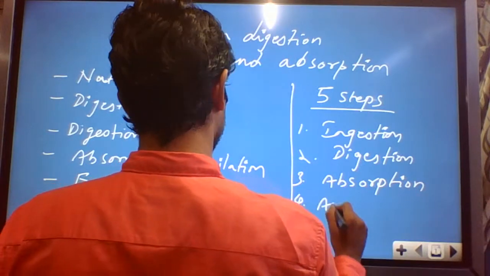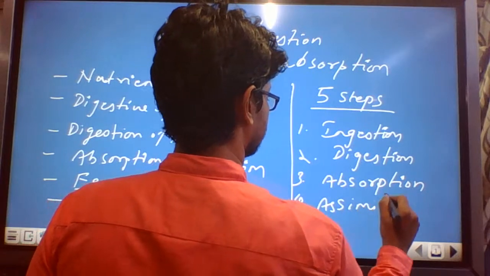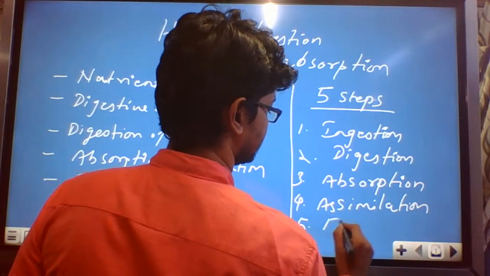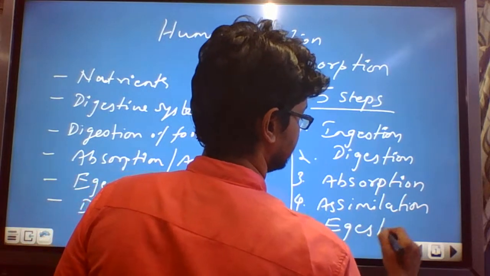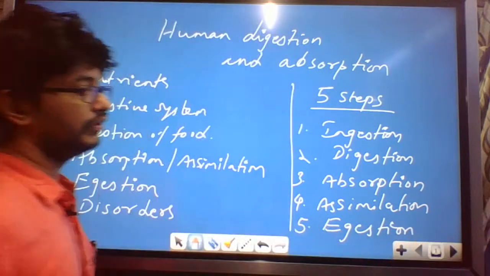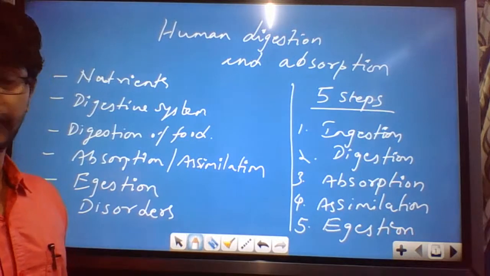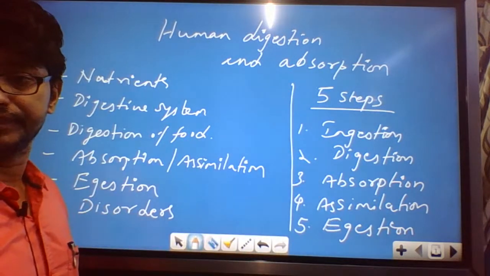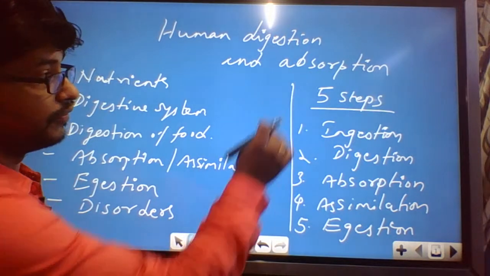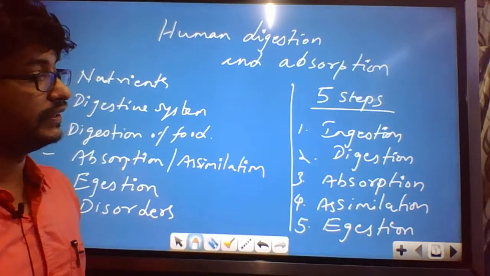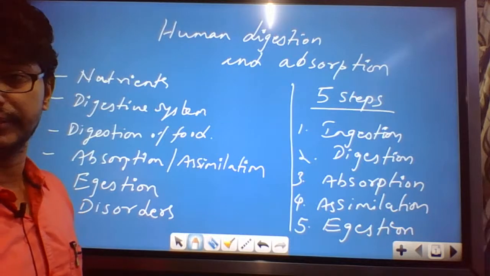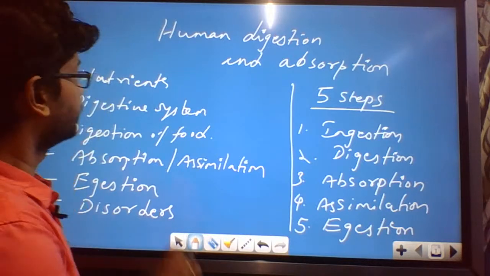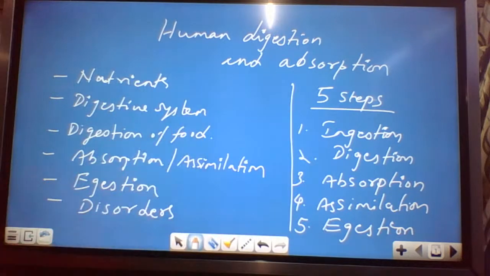The fourth is assimilation. The fifth is egestion, that is, the elimination of the undigested food out of the body as feces. These are the 5 steps: ingestion, digestion, absorption, assimilation, and egestion.